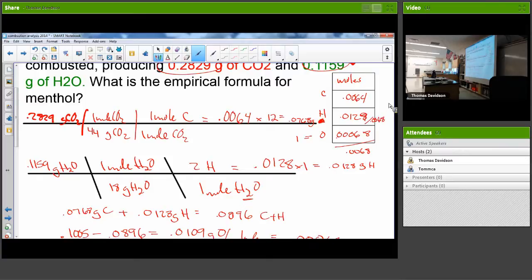0.0068. That is a 20. 0.00068. I'm not rounding to the 4 sig figs.